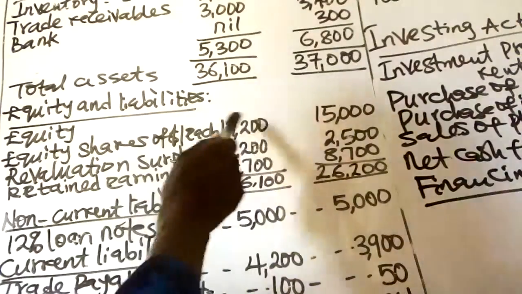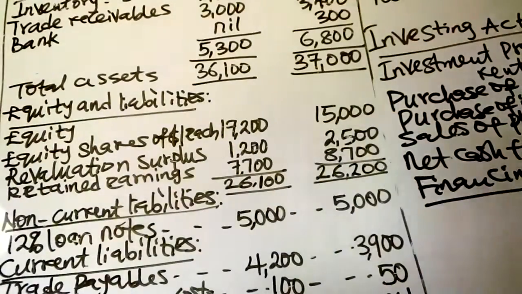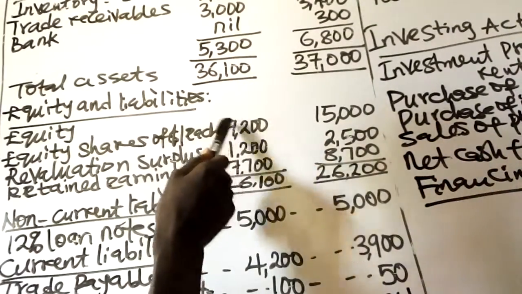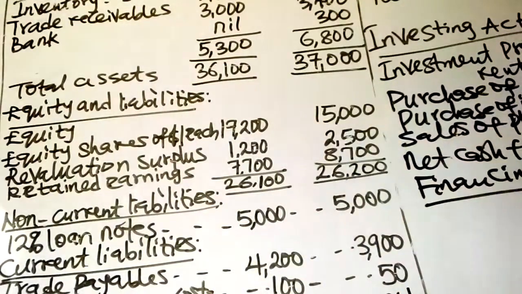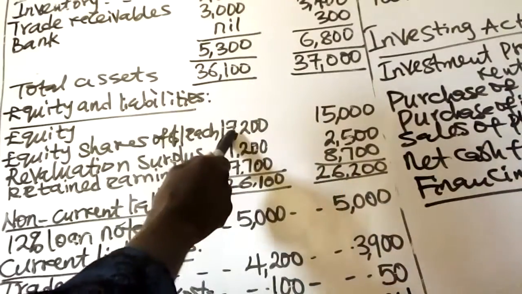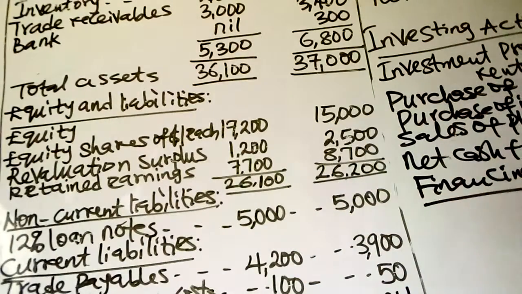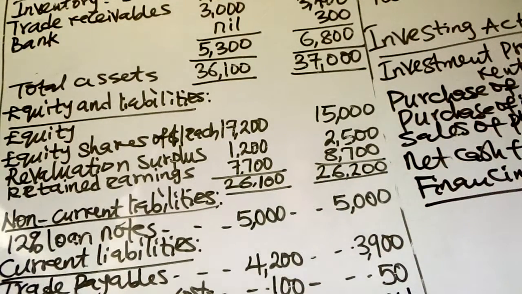If you compare the closing one, it exceeds the opening one. Why would this exceed this? It is because more shares have been issued. That means issue of shares will be the difference between 17,200 and 15,000, which is 2,200.